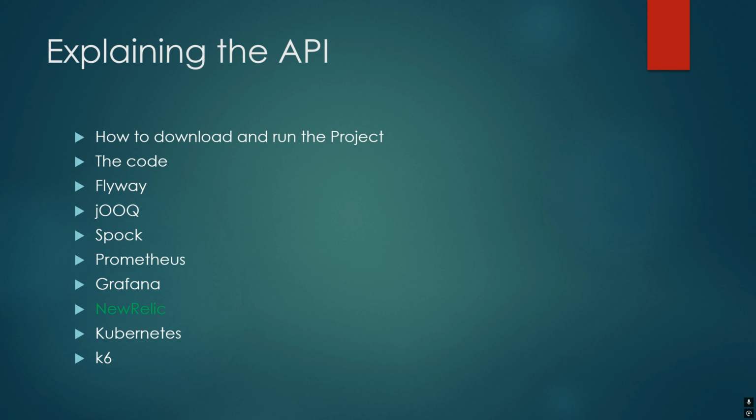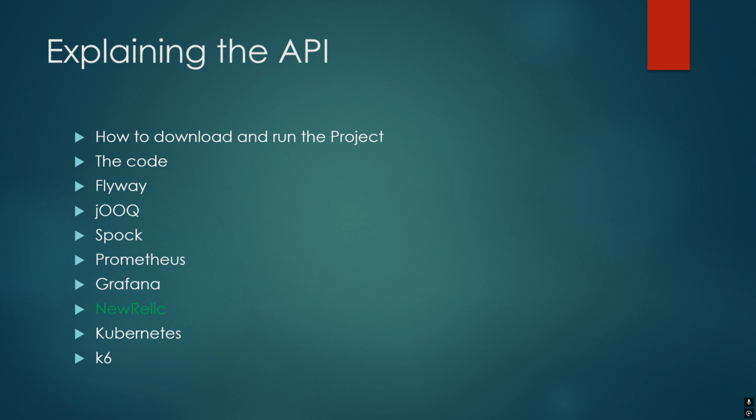Okay, guys, so let's talk about New Relic. New Relic is a platform on the internet, okay? Differently from Prometheus and Grafana, New Relic is a platform on the internet.